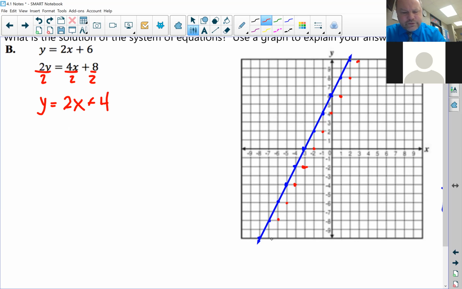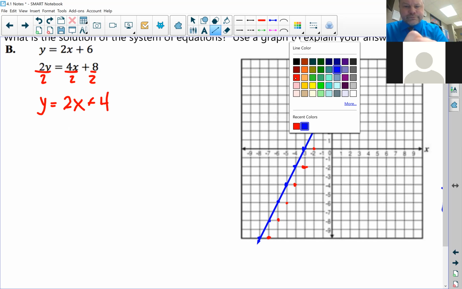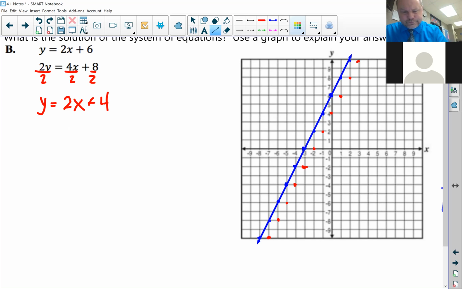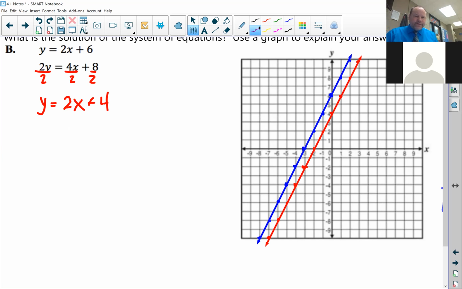And so making as many points as I feel I need to. And we said that our solution is going to be the point where the two graphs intersect.